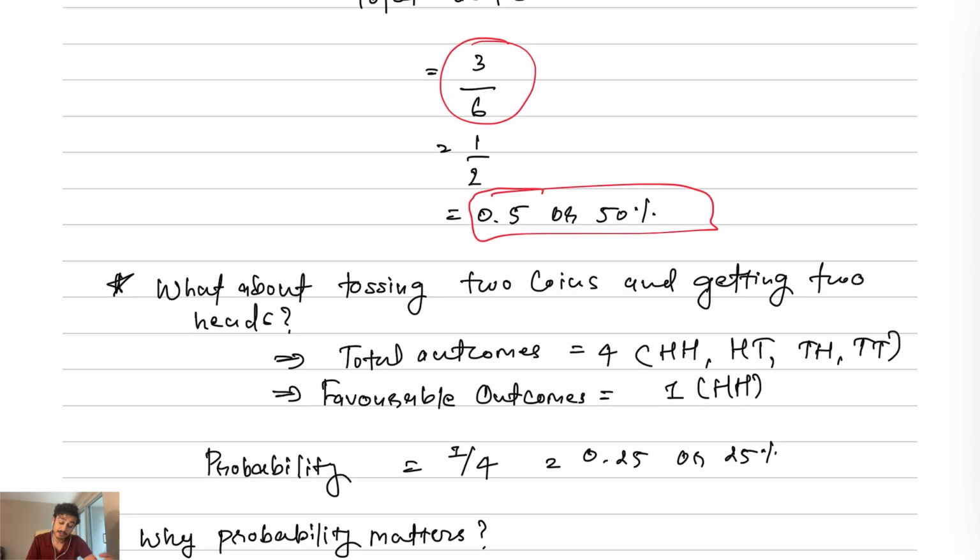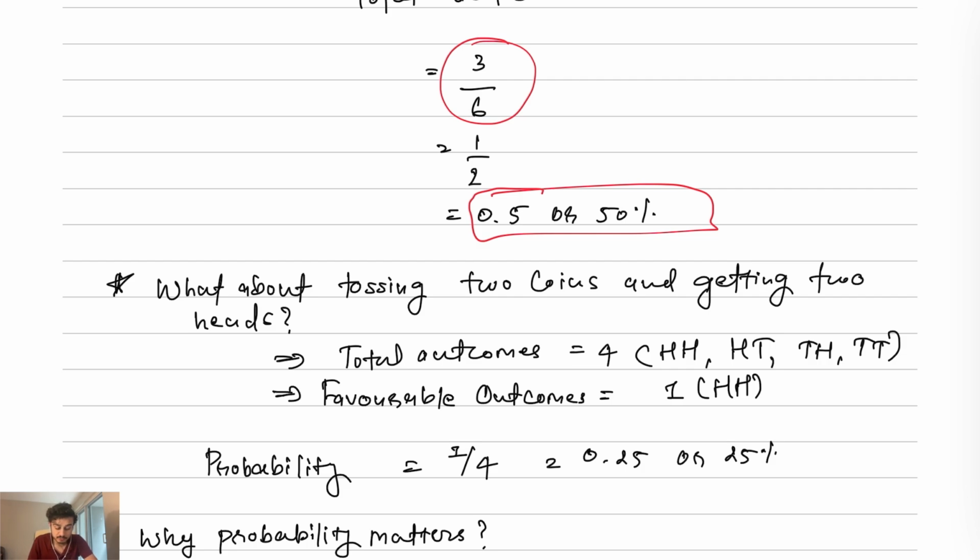Now what about tossing 2 coins and getting 2 heads? Again we first find the total outcomes. If we have one coin, the total number of outcomes is 2. If we have 2 coins, the total number of outcomes will be 4. How? Either we can get heads heads, heads tails, tails heads, or tails tails. So it's 4 possibilities in total.